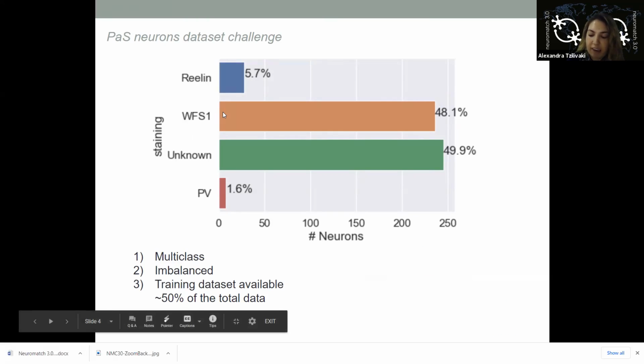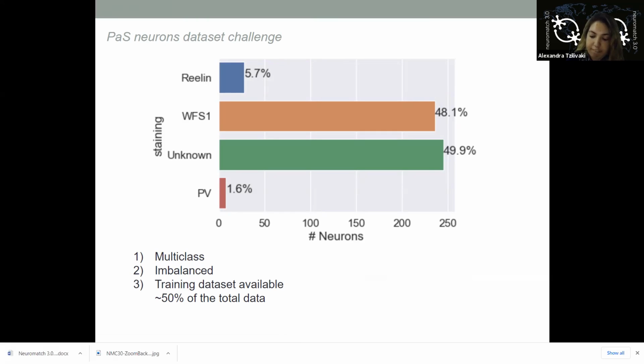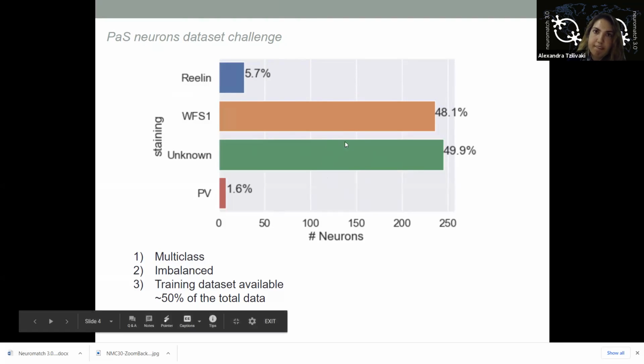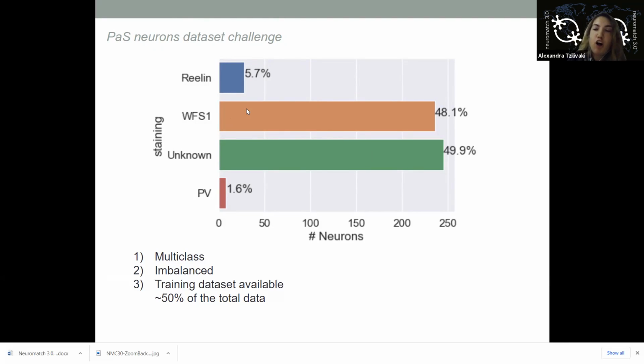As we see, we have staining immunohistochemistry information for only around half of the total of around 570 neurons that Rosie recorded. So only this data can be used for training and testing the performance of machine learning models.